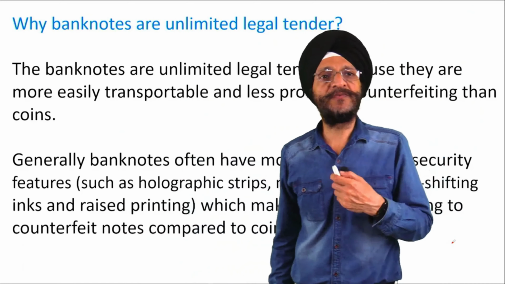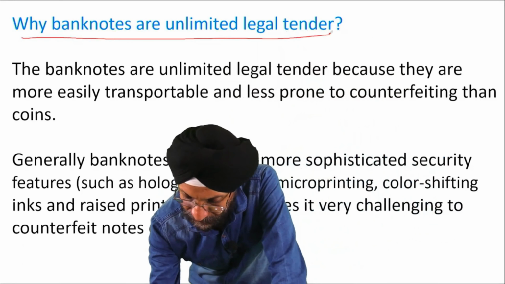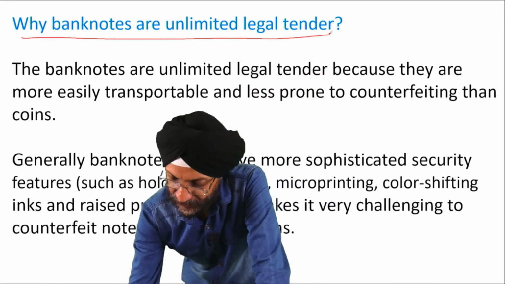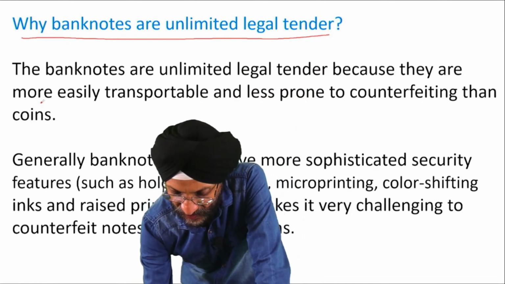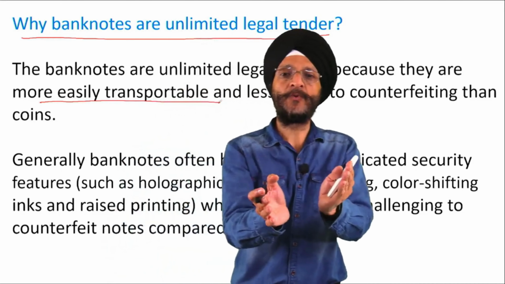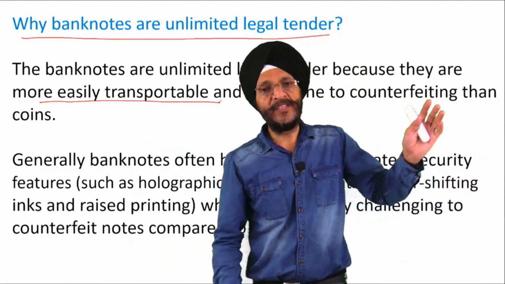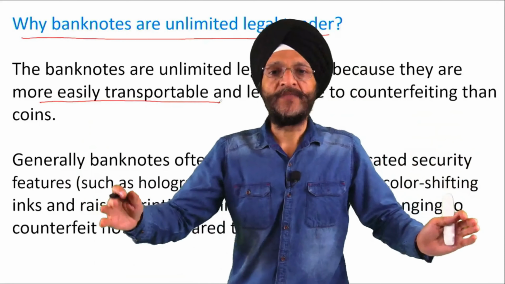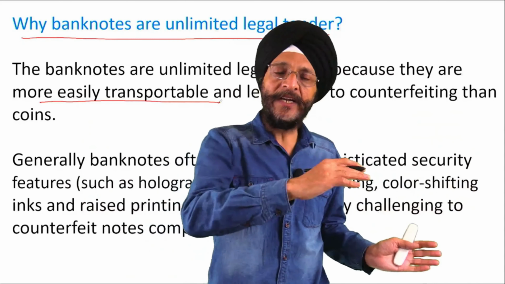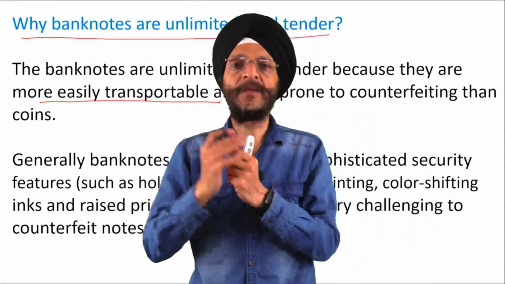Now the question is, why banknotes are unlimited legal tender? It is because these are more easily transportable. If we have coins before us and we want to make the payment, it will become very bulky and it will become very difficult for us to transport it from one place to another to make the payment.